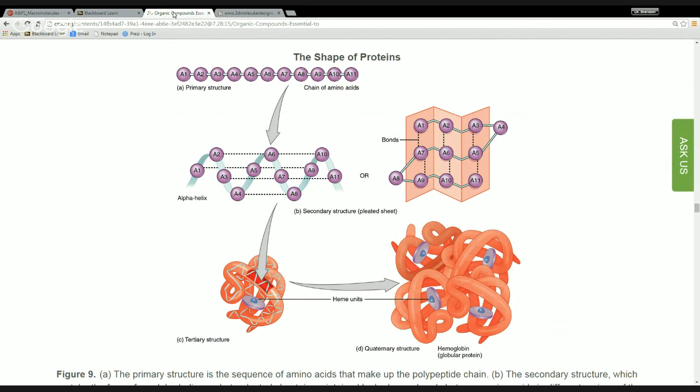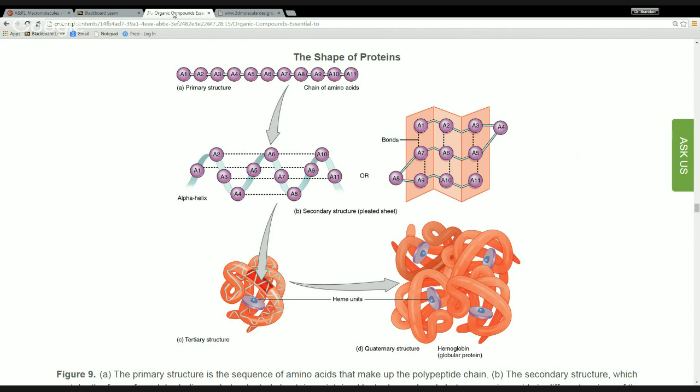The primary structure, the just simple line of amino acids, that's the sequence that's determined by genes, and they're linked together as peptide bonds, which is a covalent bond. Then everything else, except for where the cysteines come together, which is actually another covalent bond, everything else is hydrogen bonds.